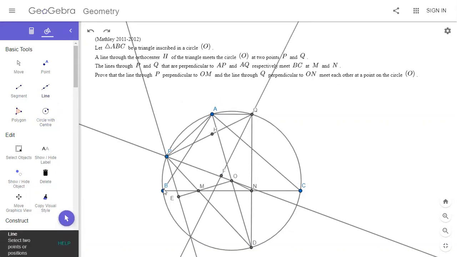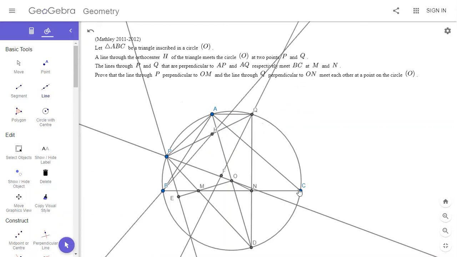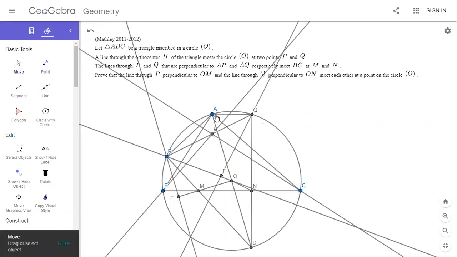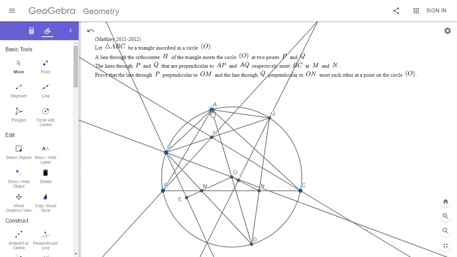Okay, I think, so often it helps to kind of do this. So if I let BH hit the circle at a point, I'm kind of thinking how to use Pascal's theorem here.